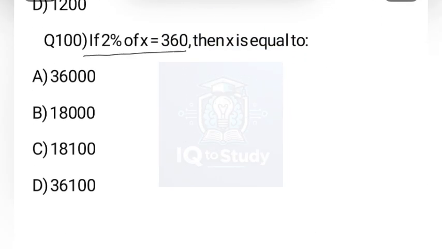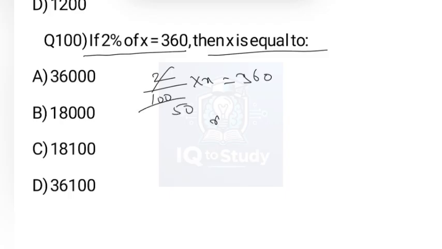If 2% of x is 360, then x is equal to? So 2% of x is 360 means x is equal to 360 into 50, that is equal to 18,000. So x value is 18,000.